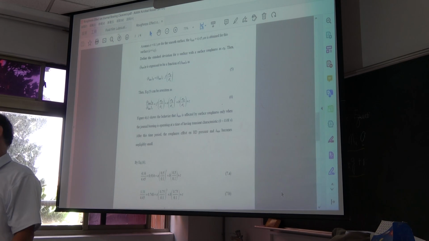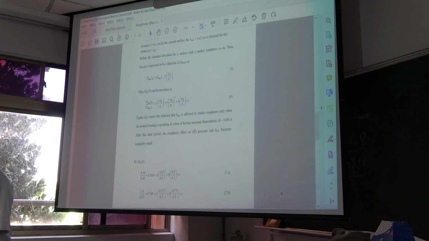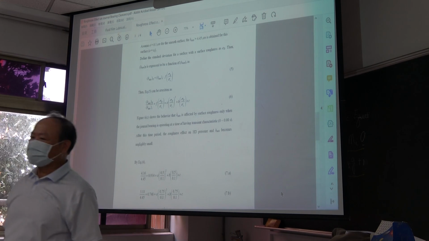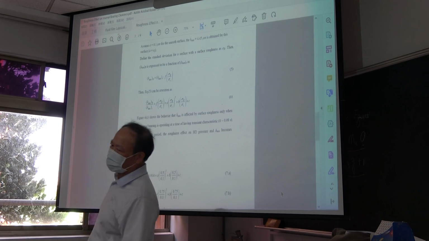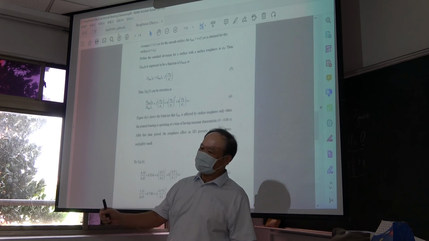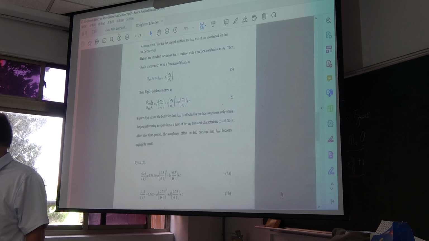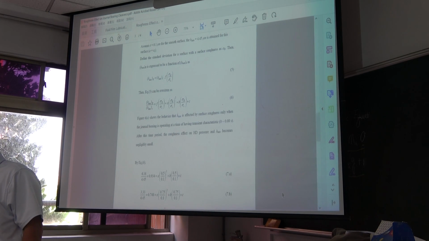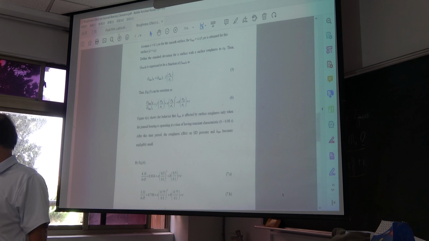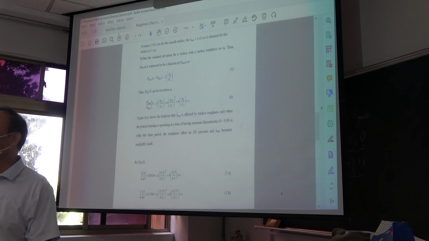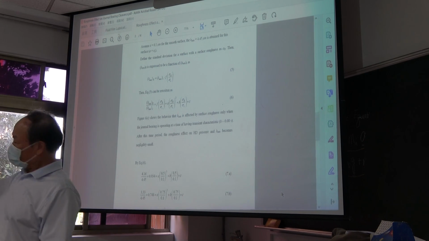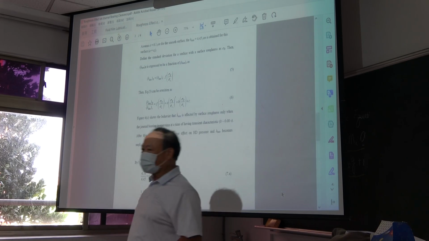You increase your surface roughness, you will decrease your minimum fin thickness. If you decrease your minimum fin thickness, it's very dangerous, like the damage I showed in the last lecture. Your temperature and so on will rise.